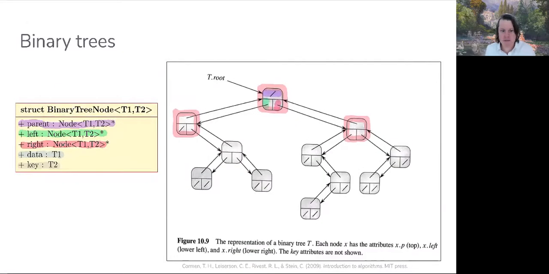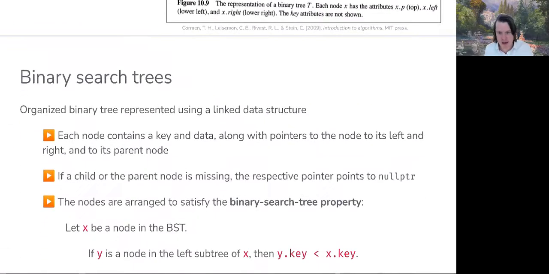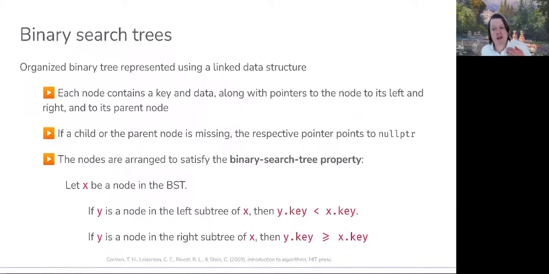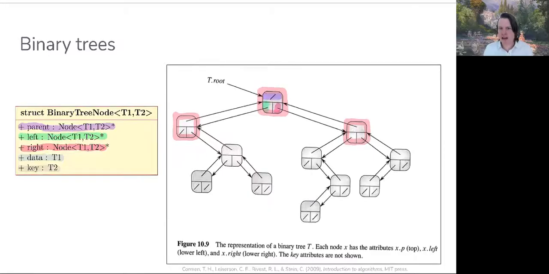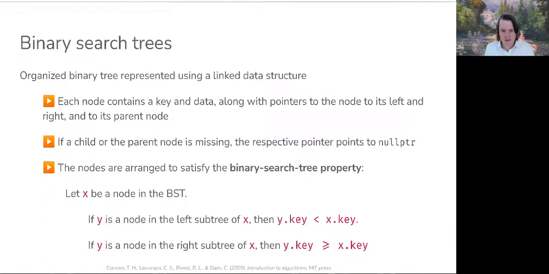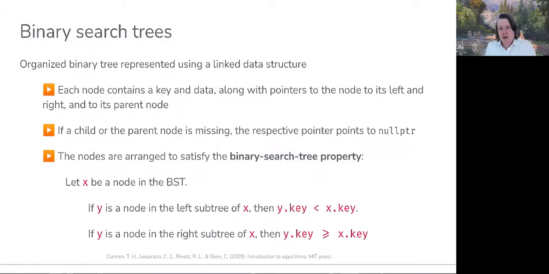We just covered that, key and data, with our student example, along with pointers to the node to its left and right, and also to its parent node. We drew this up, so far, there's really nothing new. We said that if a child or the parent node is missing, the respective pointer points to a null pointer. And again, binary tree means at most two children. So a node could have 0 children, 1 child, or 2 children.